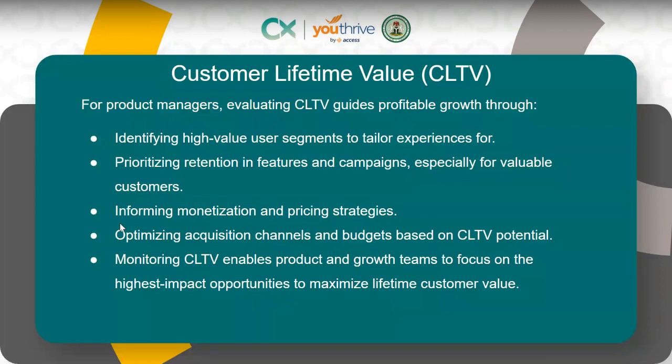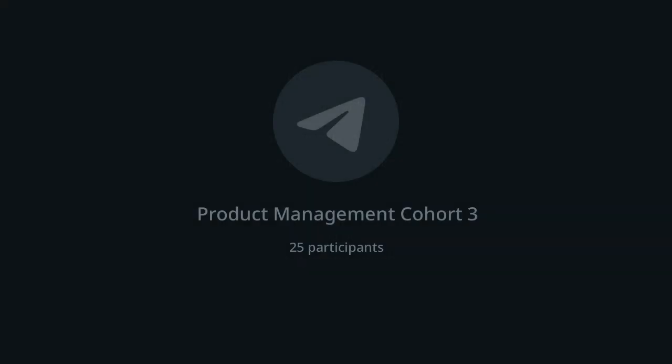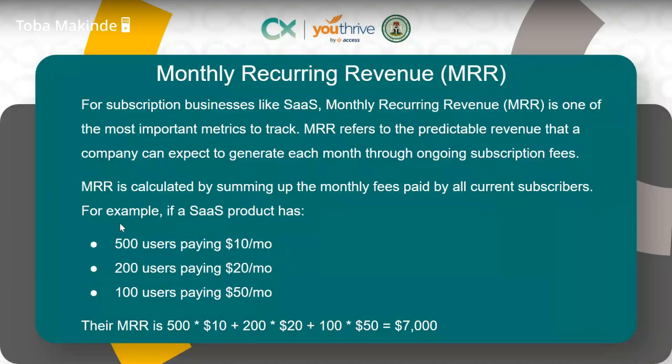Being able to evaluate these metrics is very, very important as well. So here again we have monthly recurring revenue (MRR). For subscription-based businesses like SaaS, monthly recurring revenue is one of the most important metrics to track.